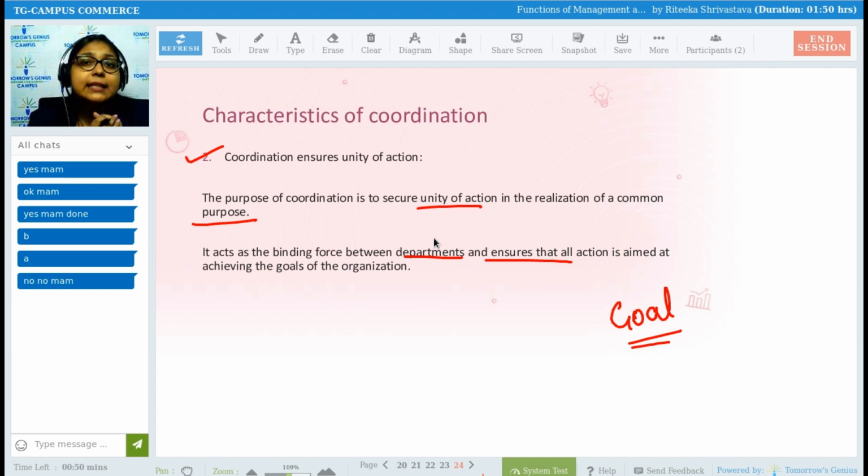It should not happen that the sales department is working for something else, the financial department is working on something else, the advertising department is working on something else. They all have to make sure that their action is one. They are a unity. They are a team working for the one goal of the organization.